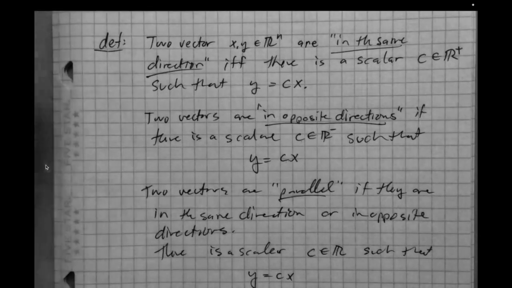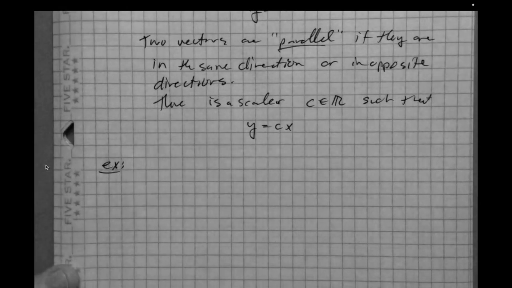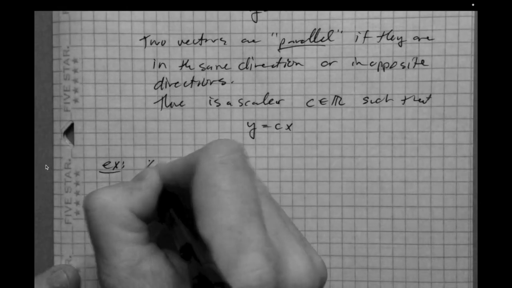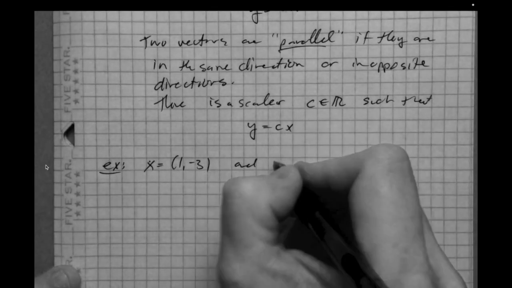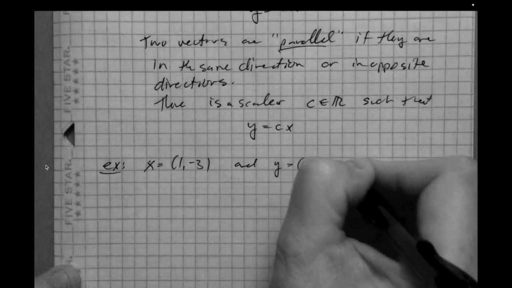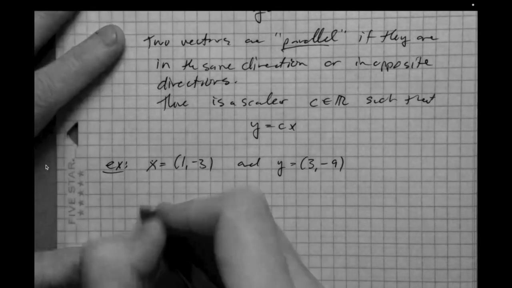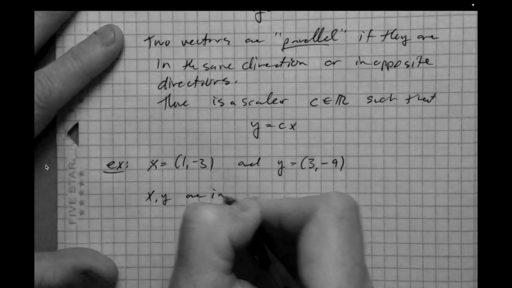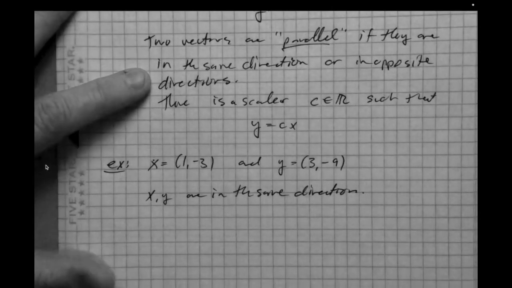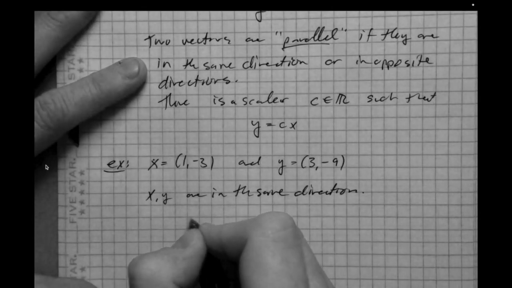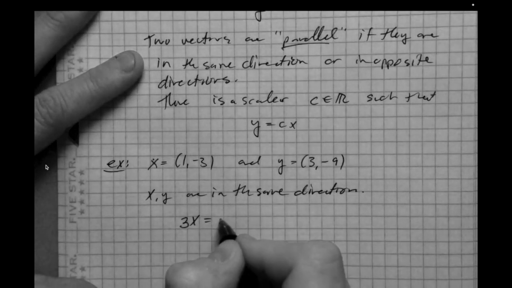So let's take a look at some examples here. If I have x equals (1, -3) and y equals (3, -9), these are in the same direction, because 3x is equal to y.